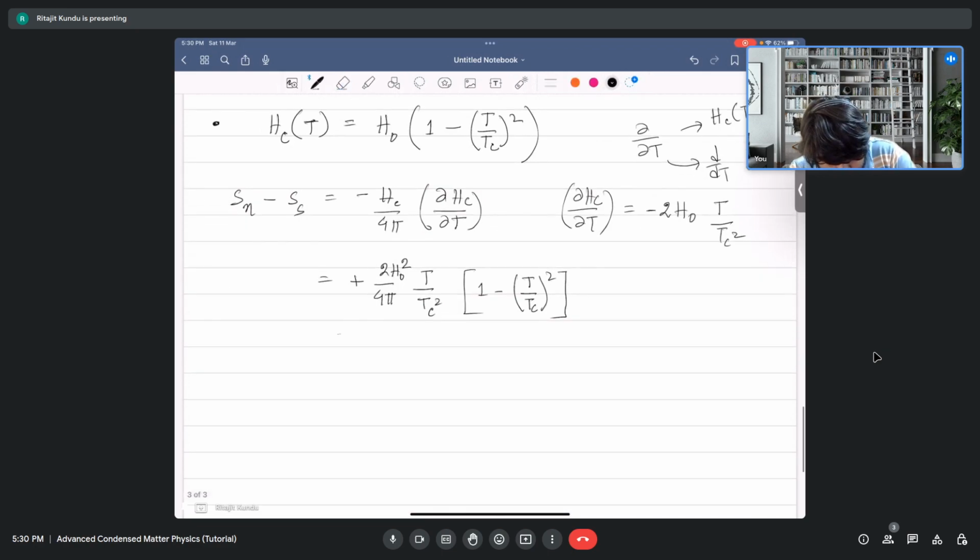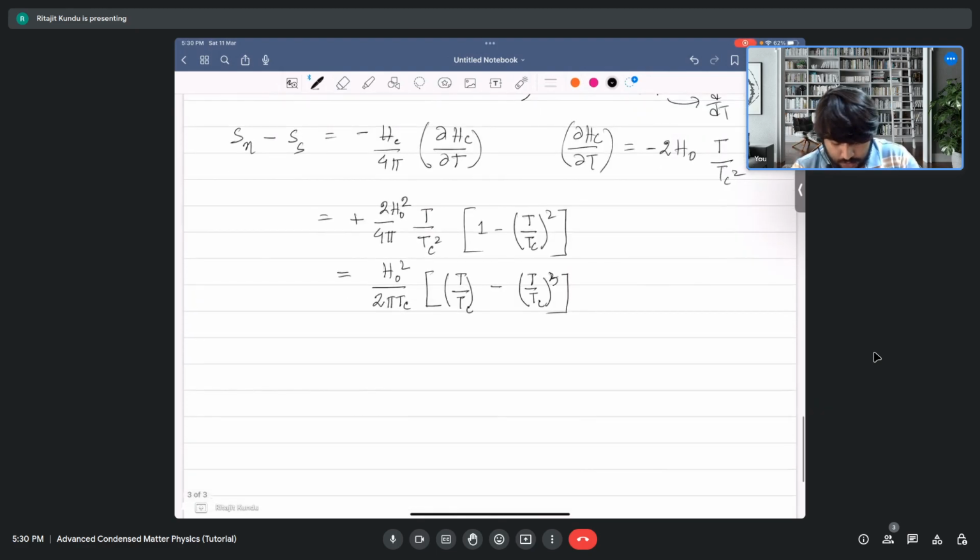Let me simplify this a little bit, and then we can look at this expression. It will be a cube. So this is the entropy difference and how it changes as a function of T.